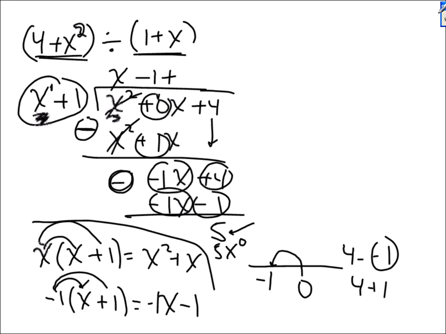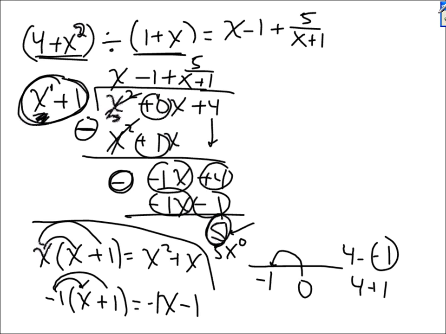It's just plus the remainder, 5, divided by what we're dividing by, x plus 1. And that's the final answer. That is, that division on top is x minus 1 plus 5 over x plus 1.